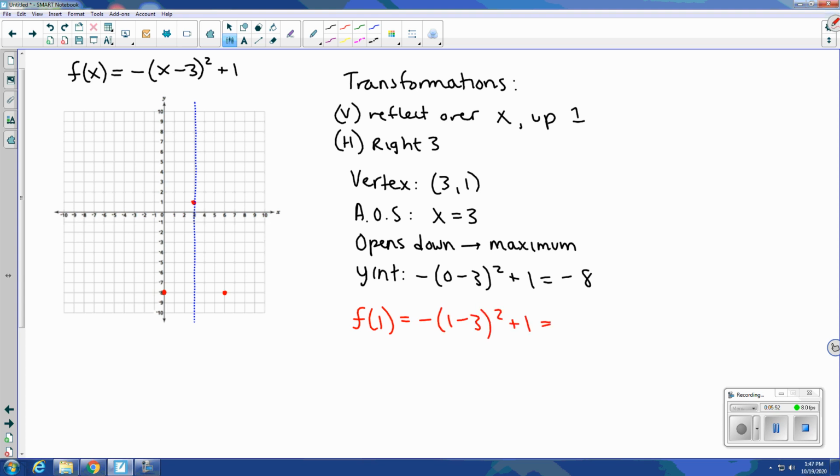We're going to get negative 2 squared, which is positive 4, times negative 1 is negative 4, plus 1 is negative 3. So the coordinate positive 1, negative 3 is on our graph. Using symmetry, get another point.